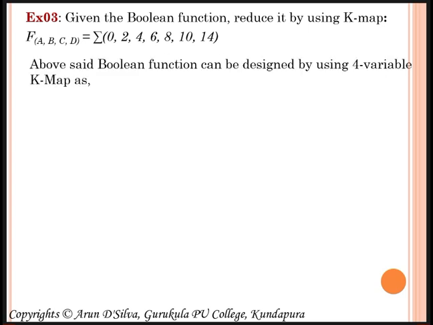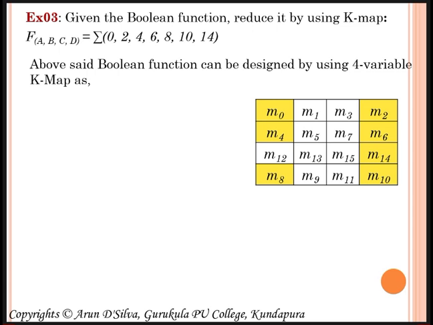The above said Boolean function can be designed by using a 4-variable K map as the hint is given here. We have 0, 2, 4, 6, 8, 10, 14 that we have to mark like this. That's min term 0, min term 2, min term 4, min term 6, min term 8, min term 10 and min term 14.